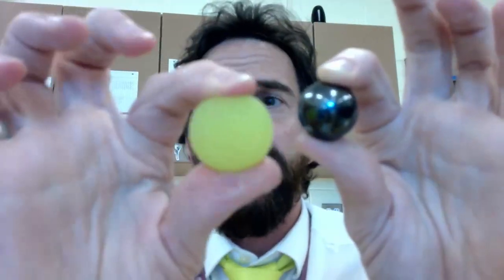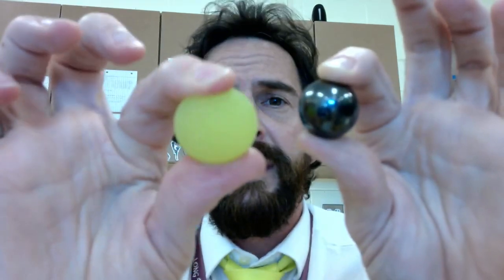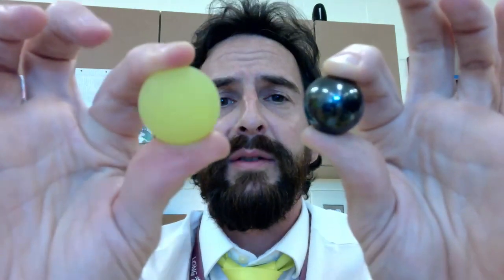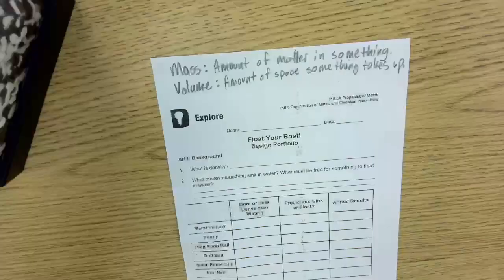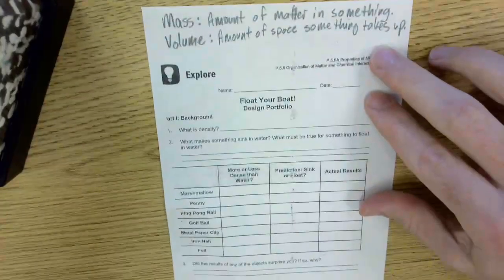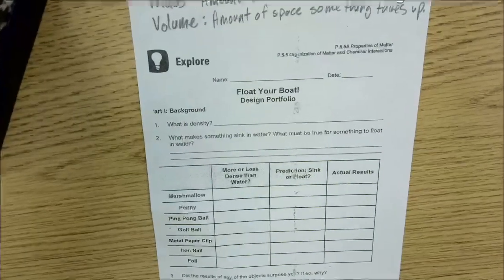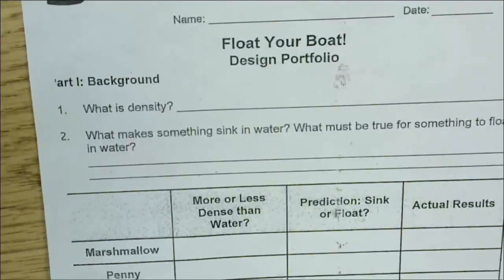That's why the yellow ball I can squeeze a little bit, because it has looser matter. And this one, I can't squeeze at all. This is rock solid, hard as it can be. So let's go back to our sheet. All right, now, what is density?